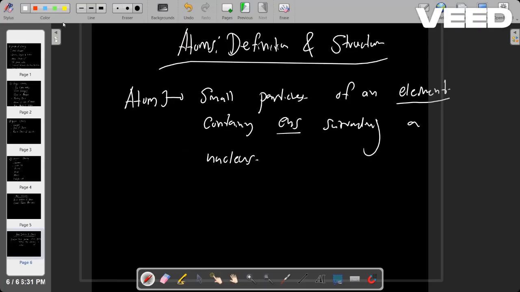Then your friend said a molecule. Molecules are made out of atoms.